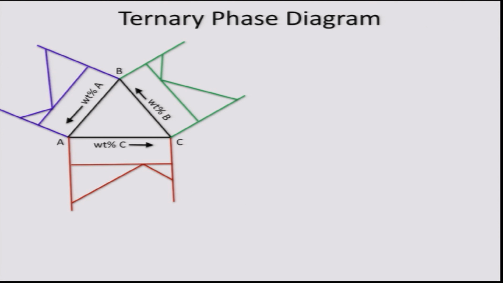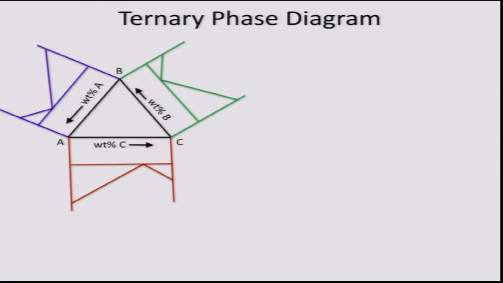If I make these binary phase diagrams stand vertically on the respective edges and extend various phase fields into the ternary compositions, it will form a ternary phase diagram. Remember, any composition that lies inside the triangle is a ternary composition.